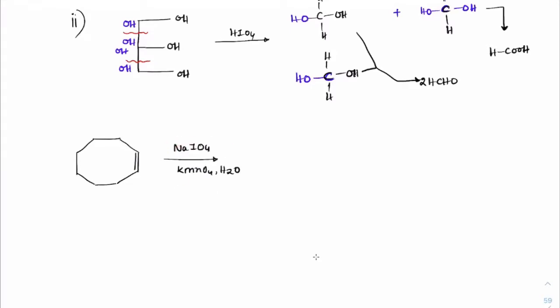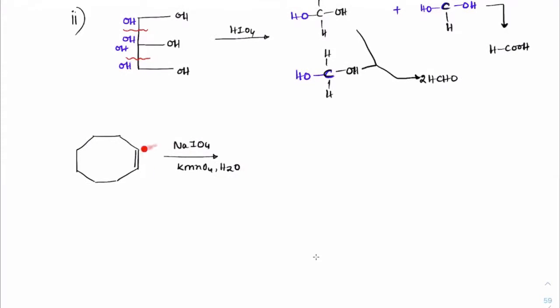At normal temperature, KMnO4 and water first give syn hydroxylation. So if it undergoes syn hydroxylation, we'll have 2 OH groups here. So OH and OH will form here.